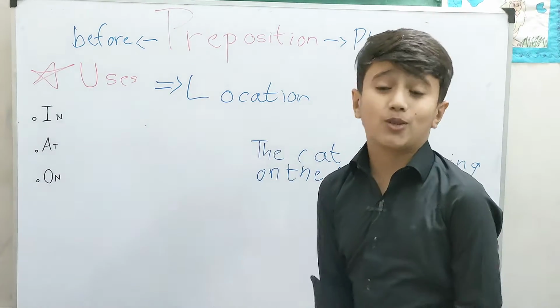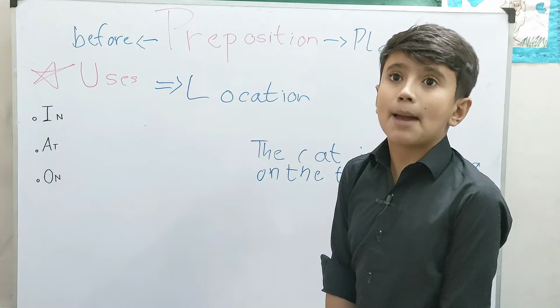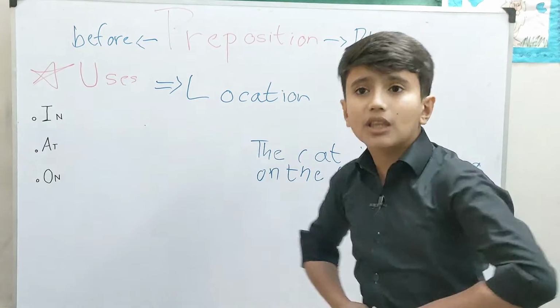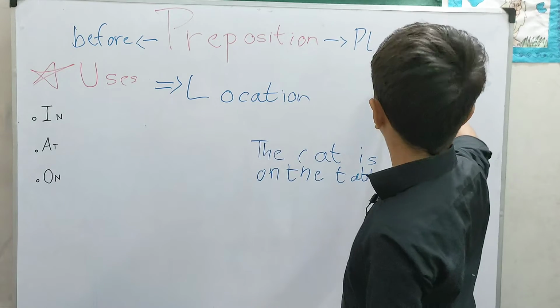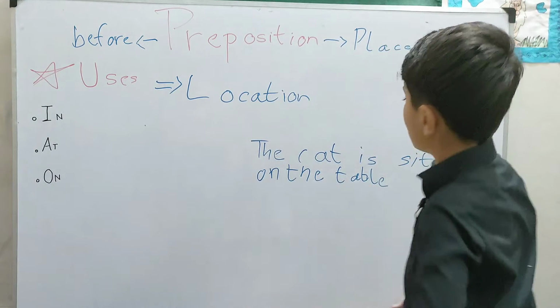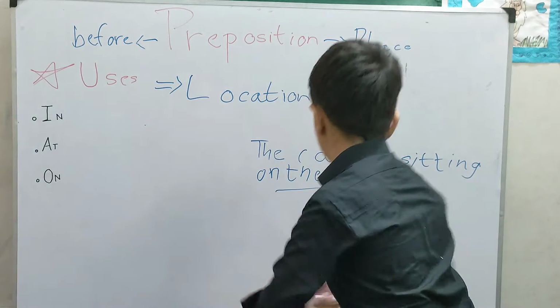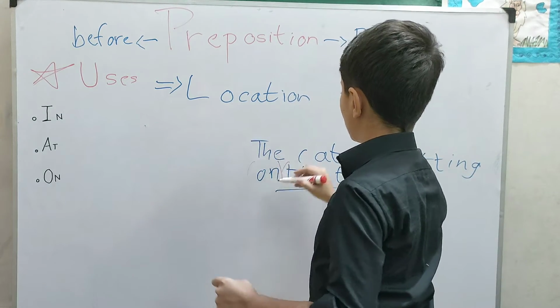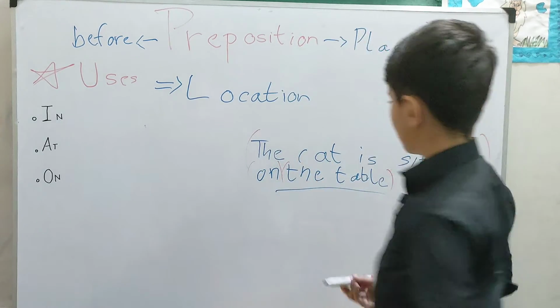Personally, I don't like grammar, but the definition is quite simple. What comes before the thing, for example, here the thing is the table. The table is the thing. The table is different, and the cat is sitting is a different thing.